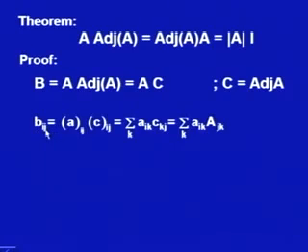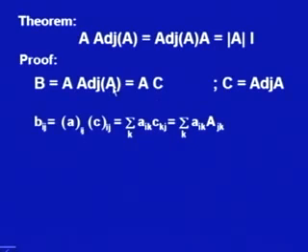So, Bij, a typical element of this matrix B, is the product of this. So, what we have is Aij multiplied by Cij. This is equal to summation over k, Aik Ckj. Now, this is from the definition of product of matrices. Now, what is Ckj?